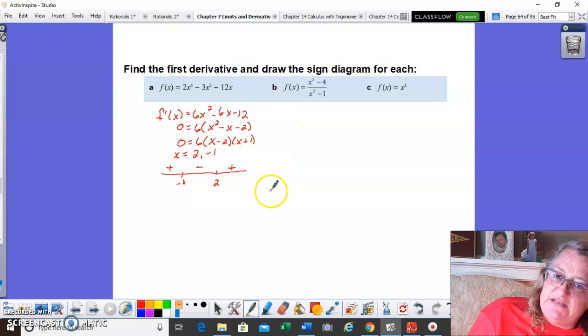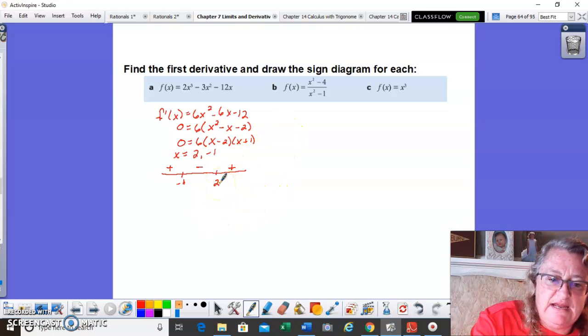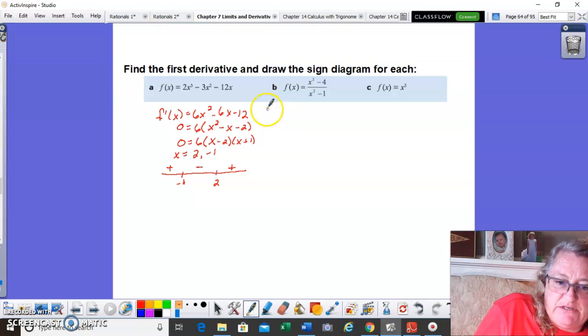Now, the second one, not so easy, because we're looking at a quotient rule. Again, sometimes just finding the first derivative is going to be the difficult part. So to find the first derivative, I'm going to need to know what u is. u is going to be x squared minus 4, which gives me its derivative as 2x.